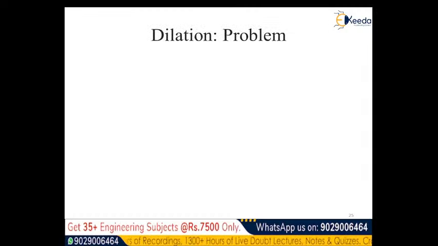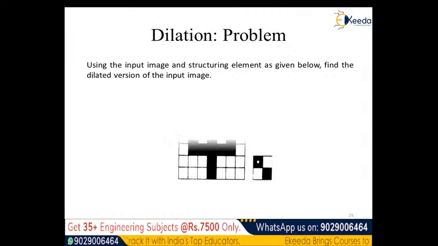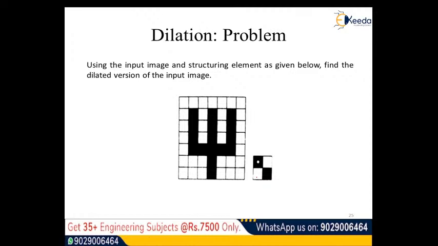So the problem statement we are providing: using the input image and structuring element as given below, find the dilated version of the input image. So here we are provided the input image and the corresponding structuring element.